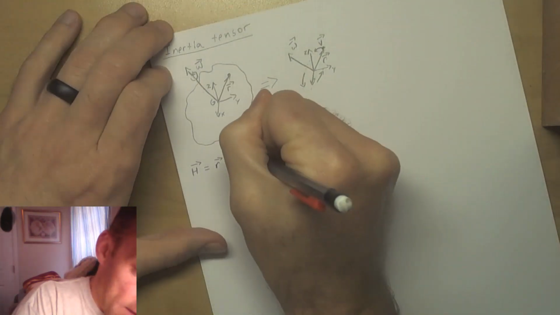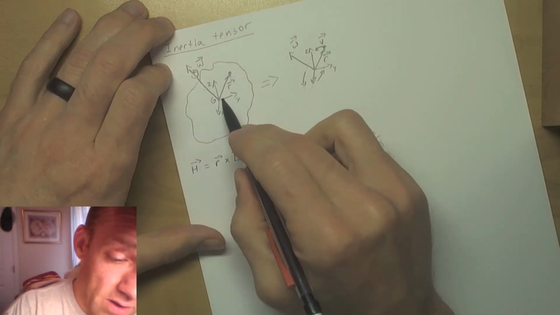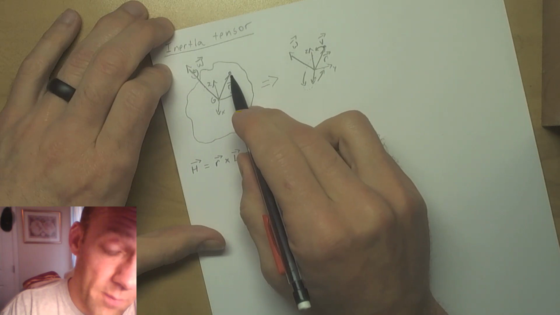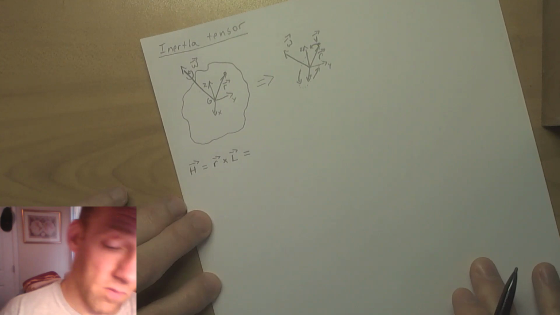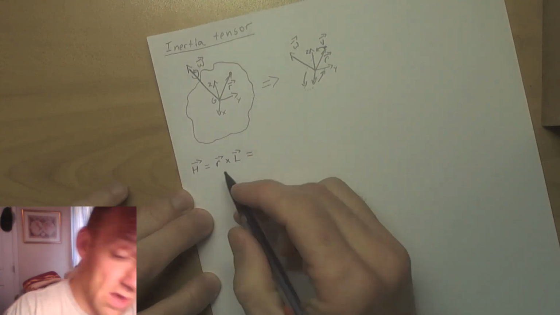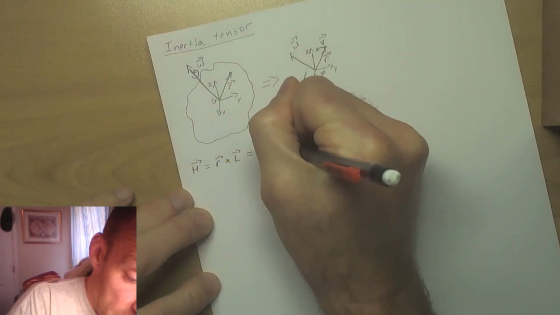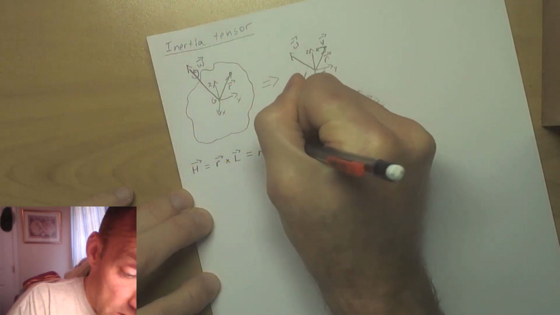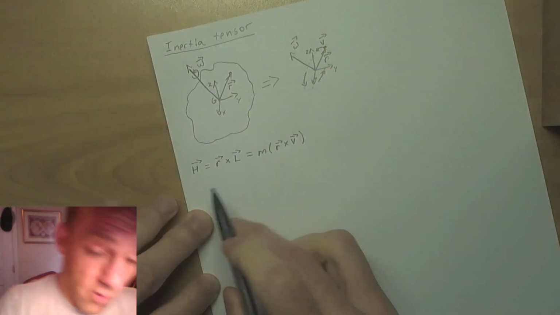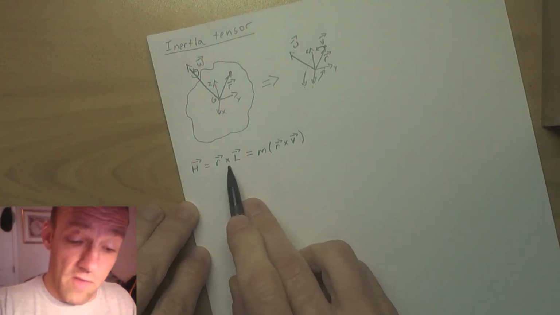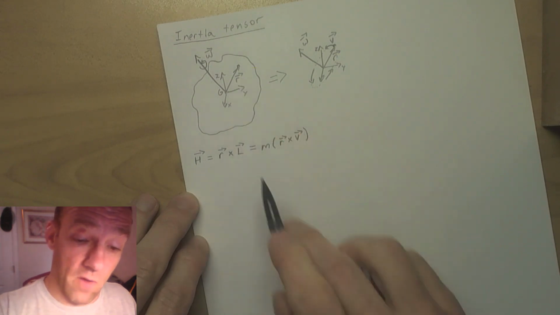The angular momentum of this point about the origin, in this case centered at the center of mass of the object, is given by the position vector crossed with the linear momentum of the point in question.